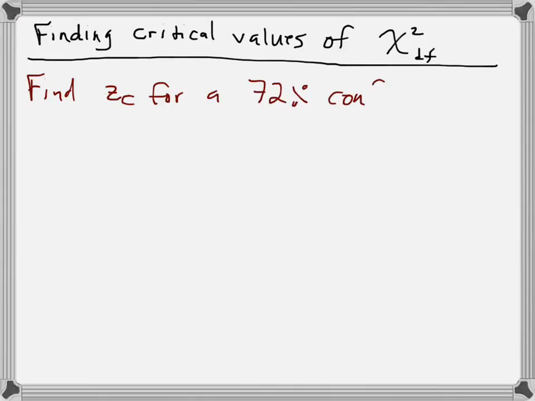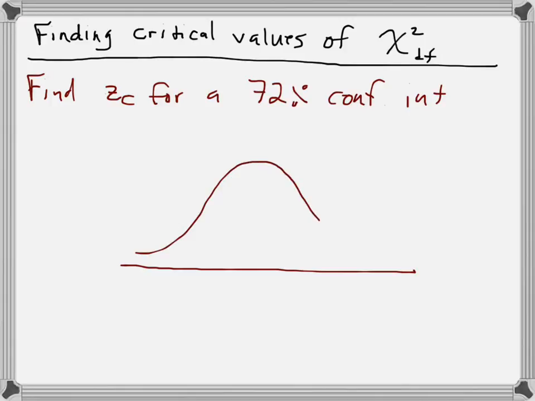Not that we ever use that. No, we use 72%. But when we did this for the first section, we were looking at the z distribution, and we remember a normal distribution, a z distribution, was perfectly symmetric about 0.